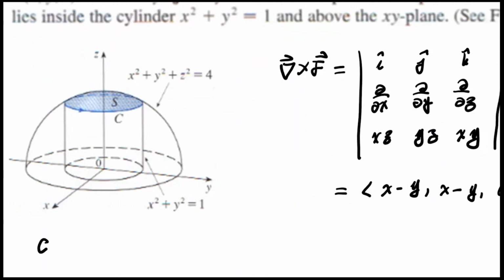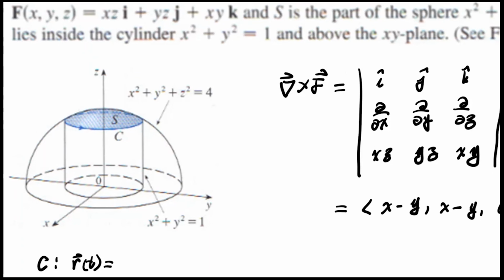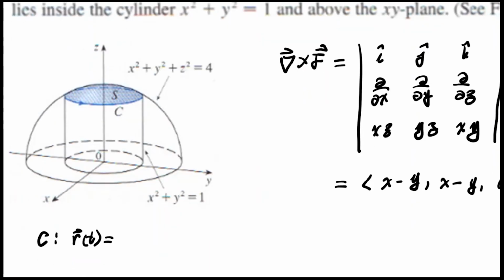So the line integral way, your vector function for C is the intersection of this. What is the intersection of this? This is a unit circle, so the radius is 1. Good. So we can say cosine t i vector plus sine t j vector, plus, how high is this thing? We still have to figure out where this intersects.